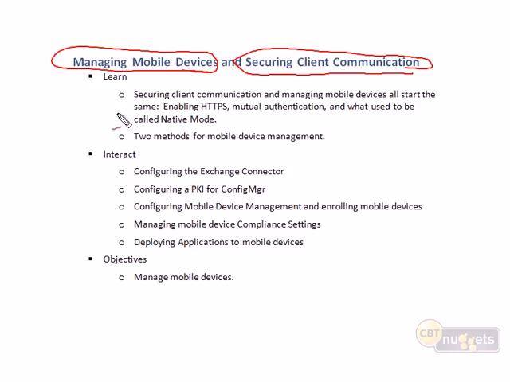We talked about how these two tasks rely on each other. Securing client communication and managing mobile devices both start with enabling HTTPS, and mutual authentication is the requirement that creates all this nightmarish headache we have to put into place.